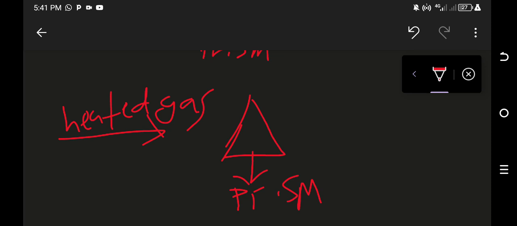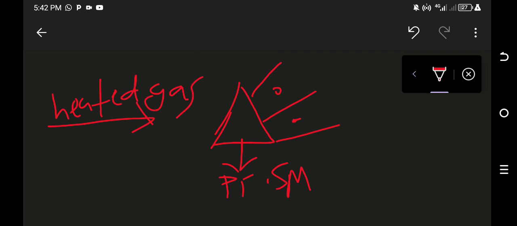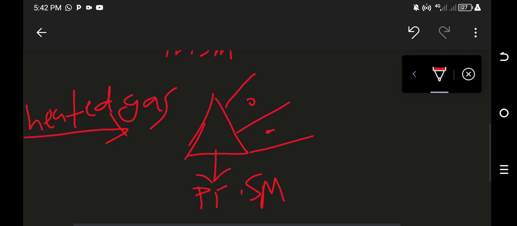When this heated gas passes through this prism, it forms lines. So there are spaces in between. This is a space in between. It is not continuous. Line spectra are produced by gases or heated gases. We get distinct colored lines. It is also known as atomic emission spectrum. It's only produced by gases.